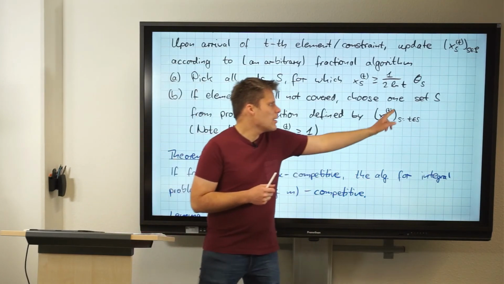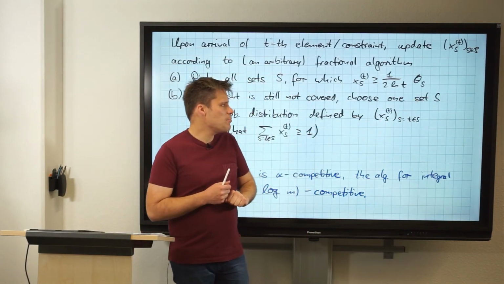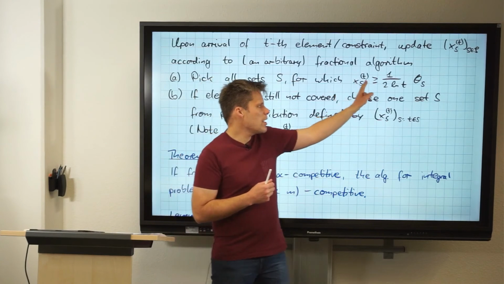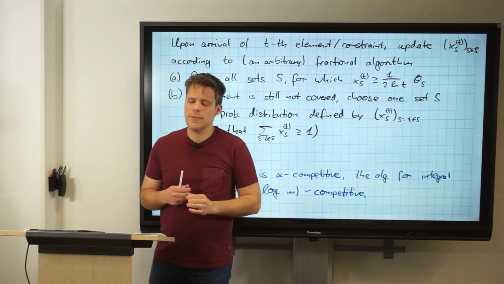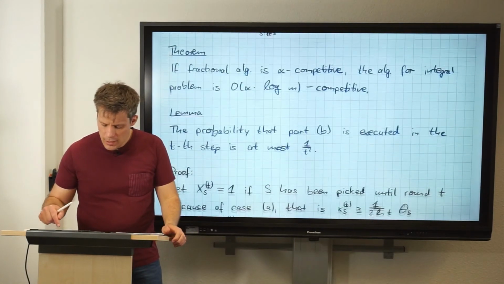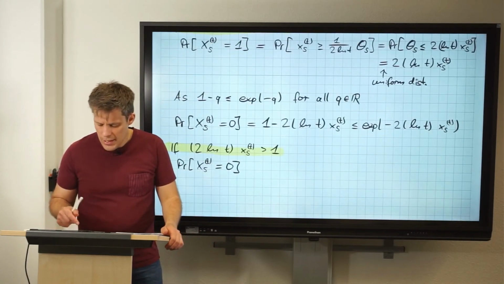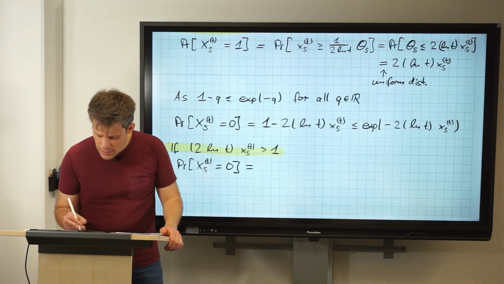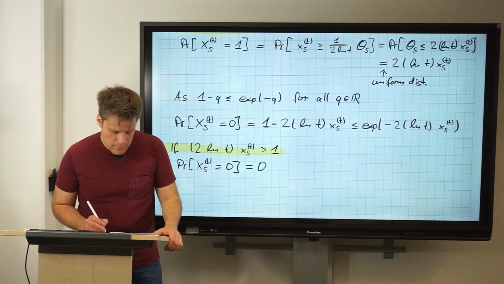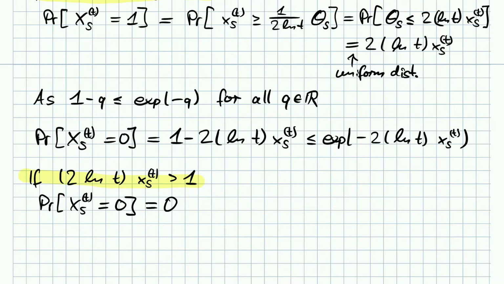But this theta is always at most 1. So this condition is fulfilled automatically, which means that the probability that we have not chosen the set is simply 0. And also here, we can use the same bound that we've just derived because this is a non-negative number.